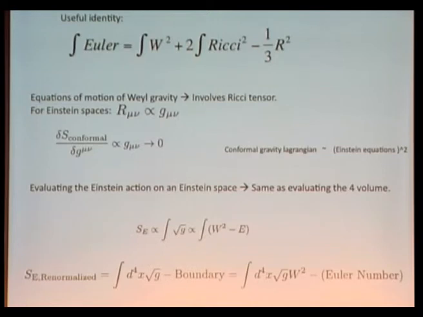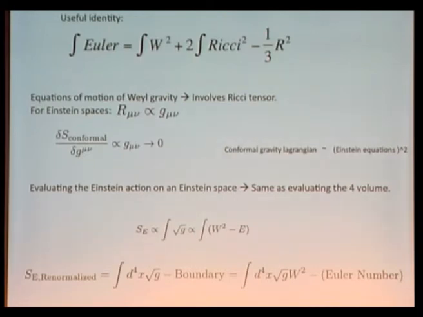And if we vary this action, this is roughly like the square of Einstein's equations. So for Einstein spaces, the variation of this can only be proportional to Ricci and the metric. So if Ricci is proportional to the metric, it must be proportional to the metric. But since this whole thing was traceless, the coefficient here has to vanish. So an Einstein space will be a solution of the conformal gravity action.